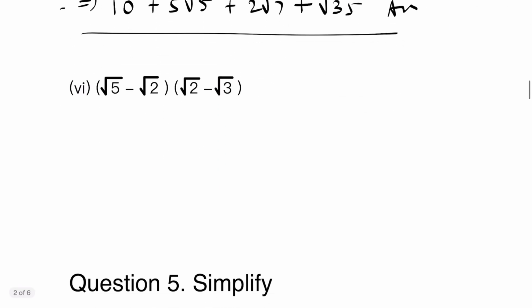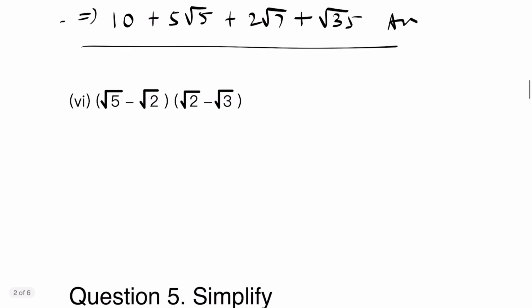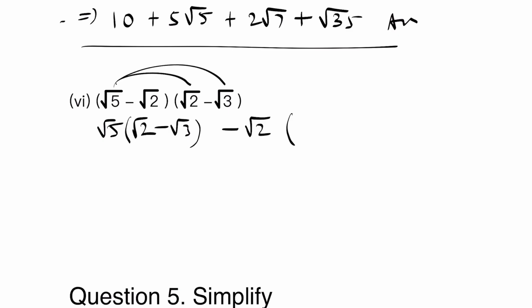Okay, now the sixth question is again we will not have any identity, so we will simply multiply root 5 with these two terms, root 2 minus root 3, and minus root 2 with again these two terms.